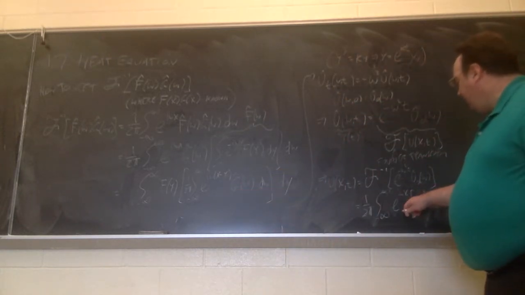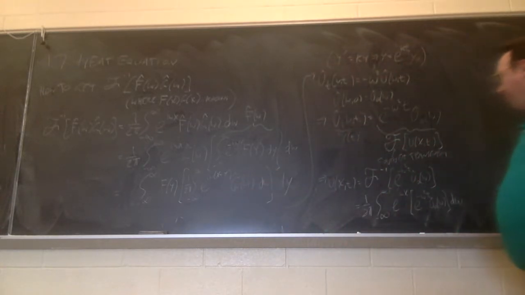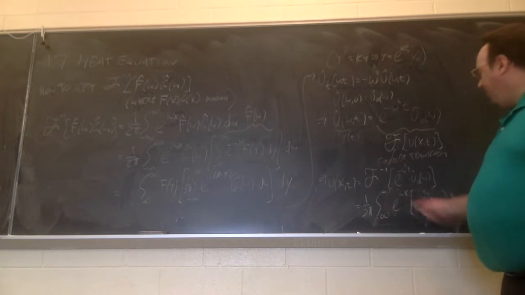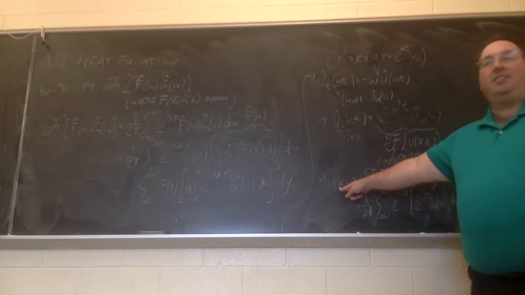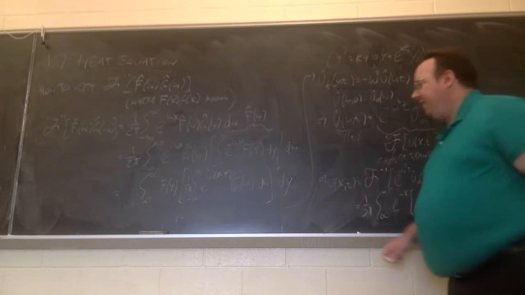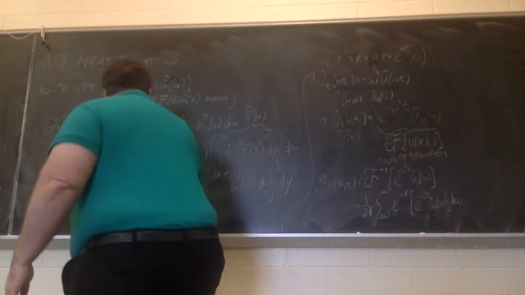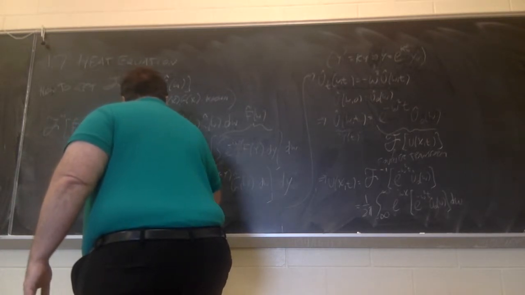Here I have e to the I omega x, here I have e to the I omega (x minus y). But this was used to get the inverse Fourier transform, and I get a function of x. So I have x here, x here. If I go ahead and write this again, the first part doesn't change.